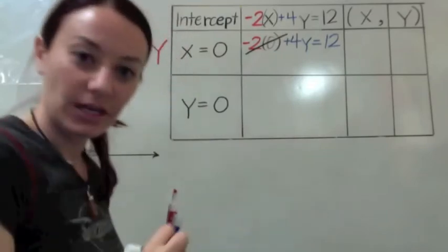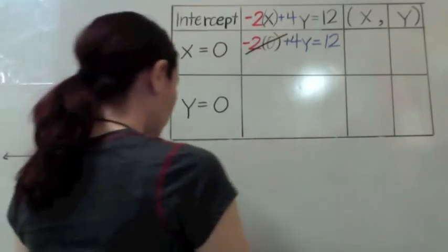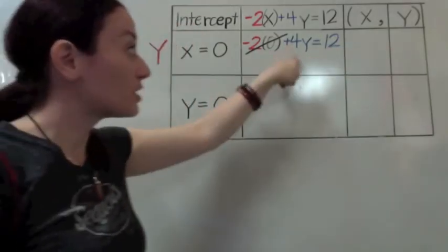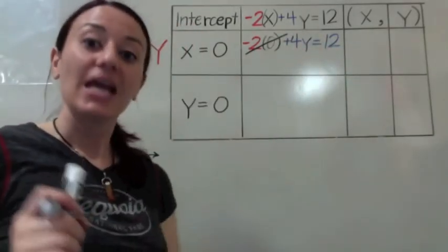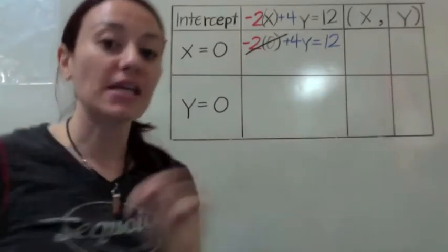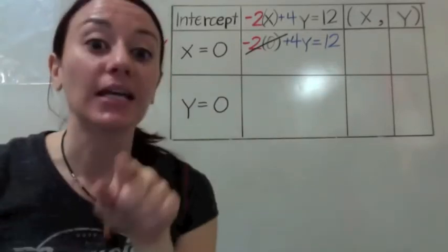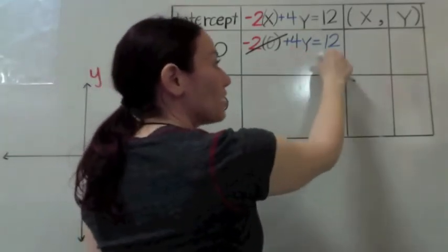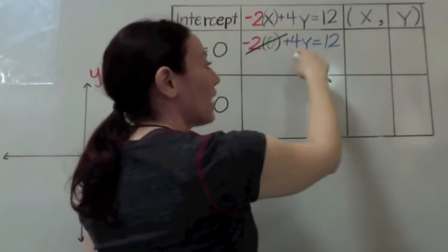It's gone, right? What are we left with? We're left with 4y equals 12, right? So from this point right here, if 4 times some number is 12, what is the opposite of multiplication? It's division, right? So when you see 4 times y equals 12, we have to do the opposite.